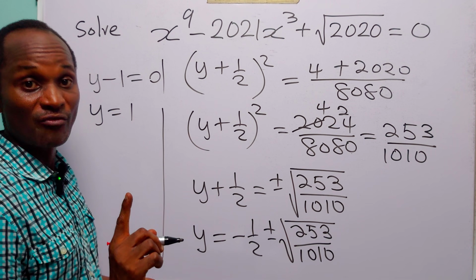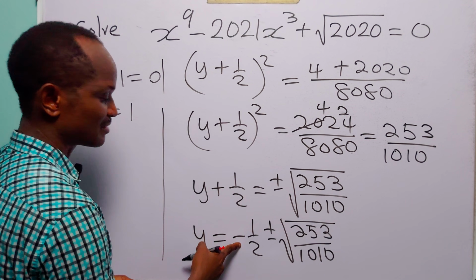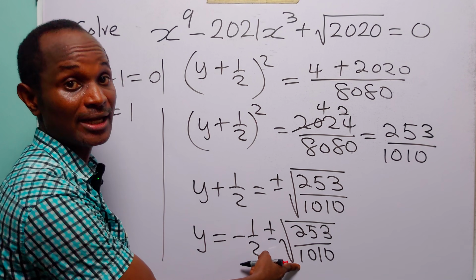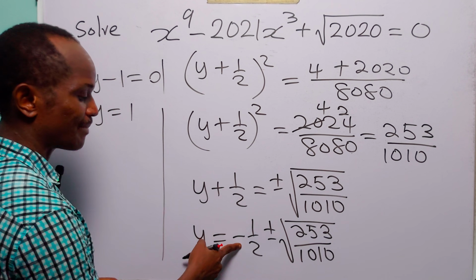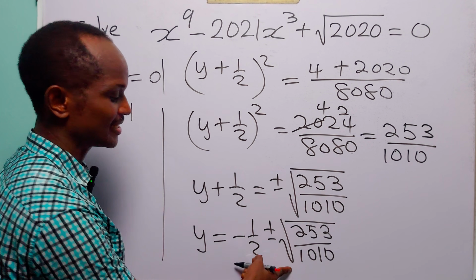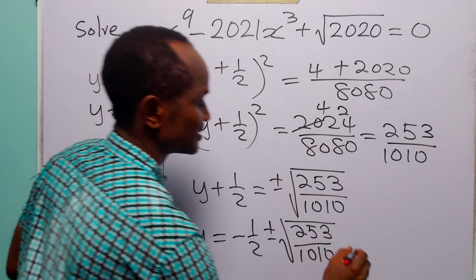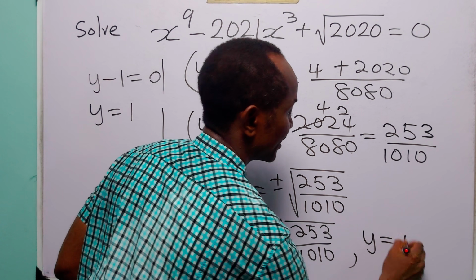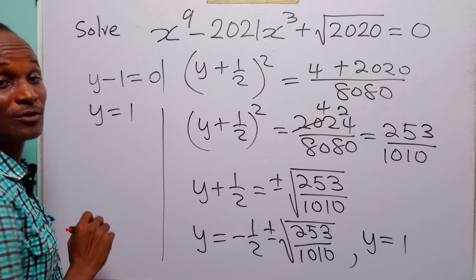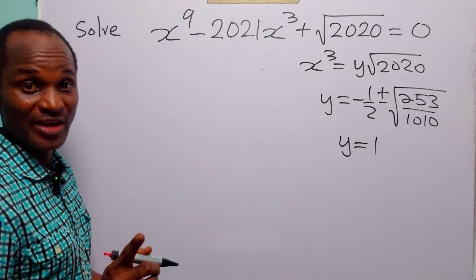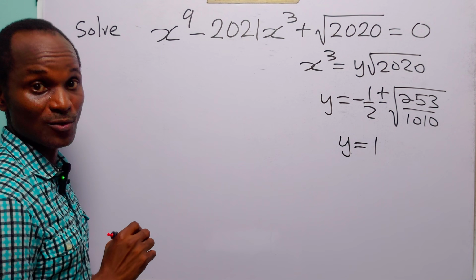So we have two more values for y. That is minus half plus the square root of 253 over 10 and minus half minus the square root of 253 over 10. And this is added to y equal to 1, which we got from the first equation. And finally, to find the values of x, we go back to this equation.